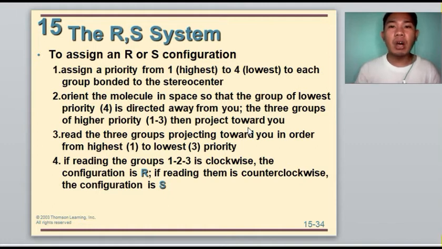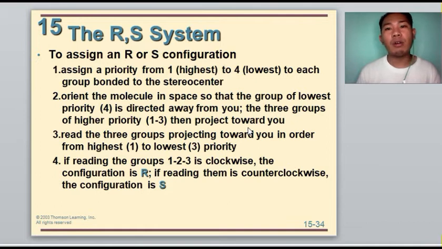If the reading of 1, 2, and 3 proceeds in a counterclockwise direction, that means to the left, the configuration is S, from the Latin sinister, or left.